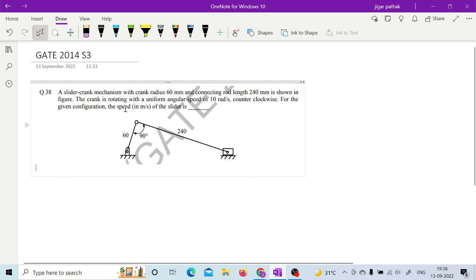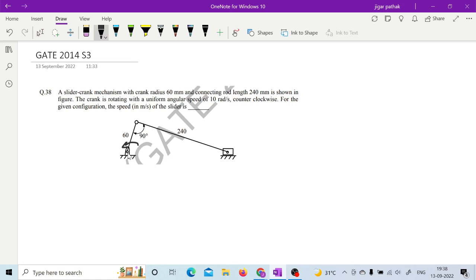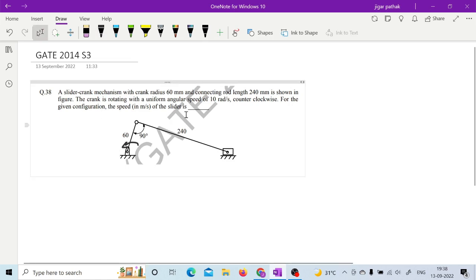The crank is rotating with a uniform angular speed of 10 radian per second counterclockwise. For the given configuration, the speed in meter per second of the slider is.